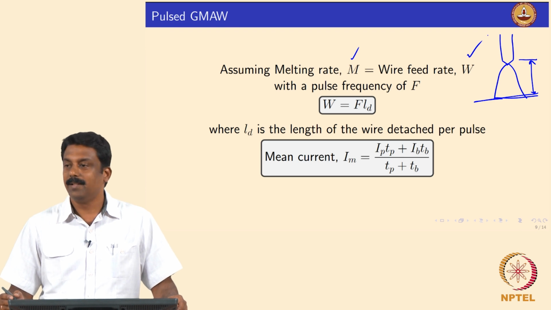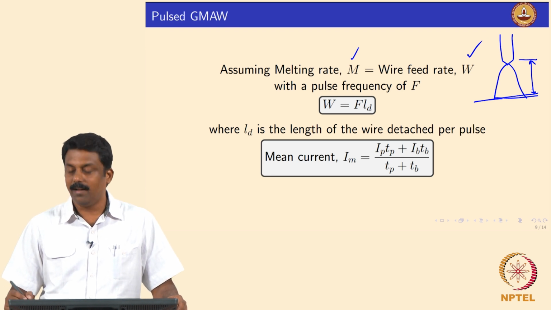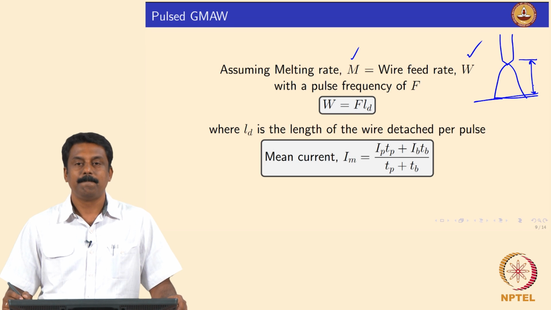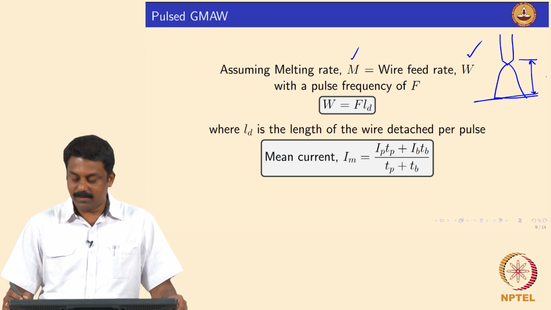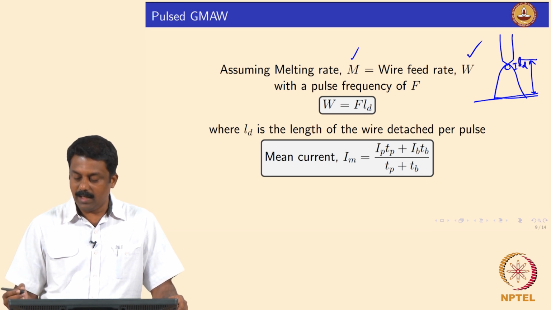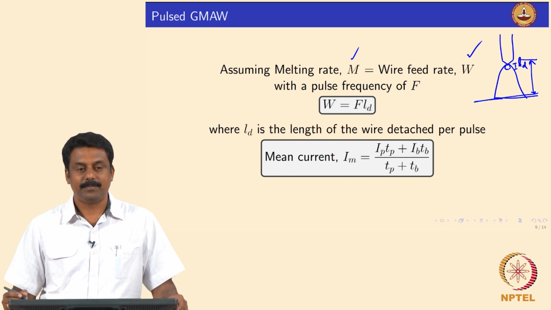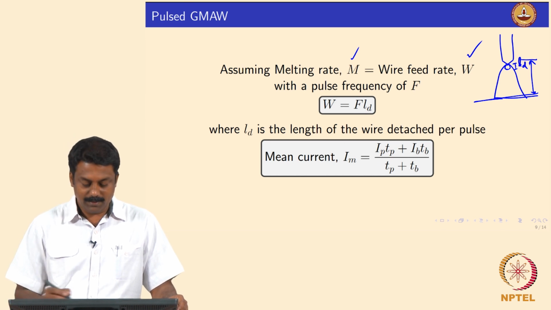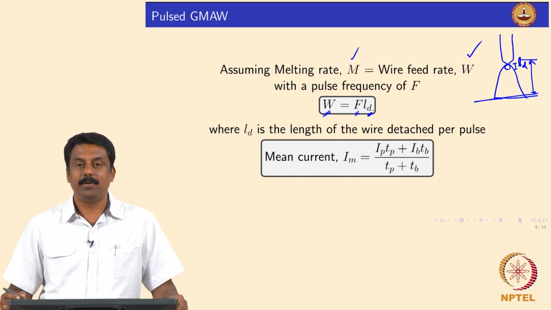You supply what you melt, so then the arc length becomes constant. And suppose you are transferring, at one pulse, a length LD of the material. Then basically the wire feed rate is equal to the frequency of pulsing times the length of the wire you melt, isn't it.